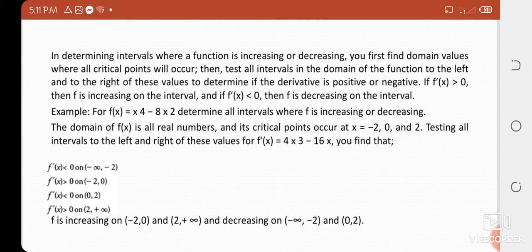Then, test all intervals in the domain of the function to the left and to the right of these values to determine if the derivative is positive or negative. If f prime of x is greater than 0, then f is increasing on the interval, and if f prime of x is less than 0, then f is decreasing on the interval.